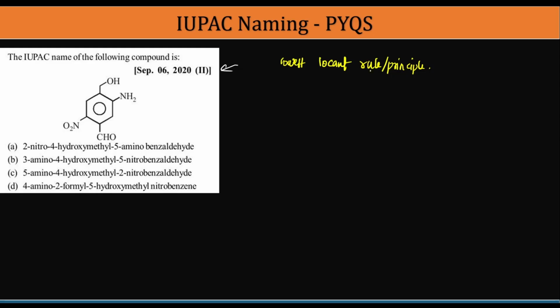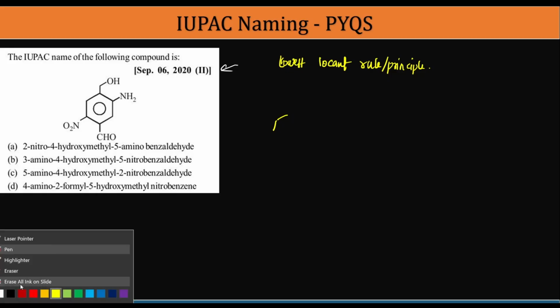It's not that complicated. Whenever there are more than two substituents, we give numbering in such a way that the numbers on the locants of the substituents, when you add them up, come out lowest. Let's do it over here and give the numbering.